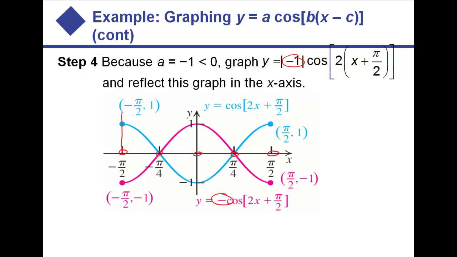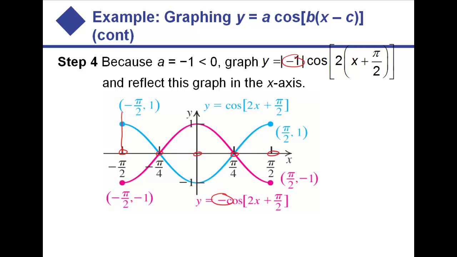First you identify your amplitude, then you identify your b, figure out what your period changer is, if you want to call it that. Then figure out what your new period is, divide that by 4, get your critical spots, put them on the graph, what the function would look like, and then take care of any flips that you have to worry about.